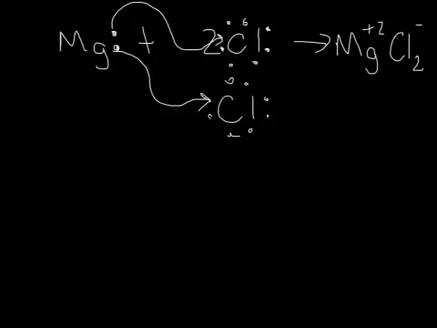Magnesium has +2 because it gave away 2 electrons. And it's one of those where it will not give away just 1. That will not give it its 8 that it wants. It's going to give away 2, or it's not going to do anything at all.